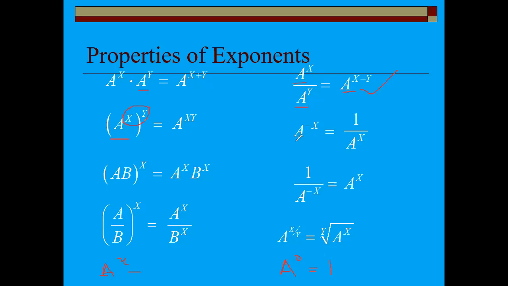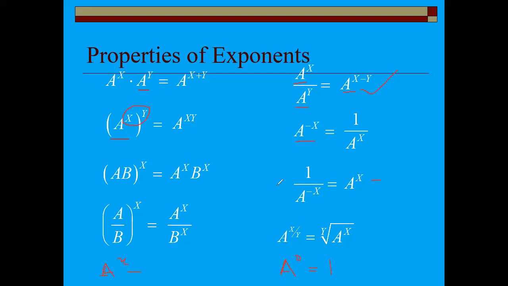Then any number raised to the power negative x is going to be 1 over that number raised to the power positive x. So reciprocally, any number that is 1 over a raised to the power negative x is going to be a raised to the power x, because that can be re-expressed.